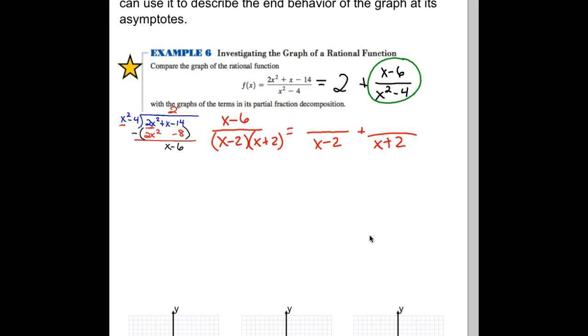Are those linear? Yes. So all we need for numerators would be constants. So we'll just have an a and a b over here. Okay. Next step would be to multiply this by our LCD.